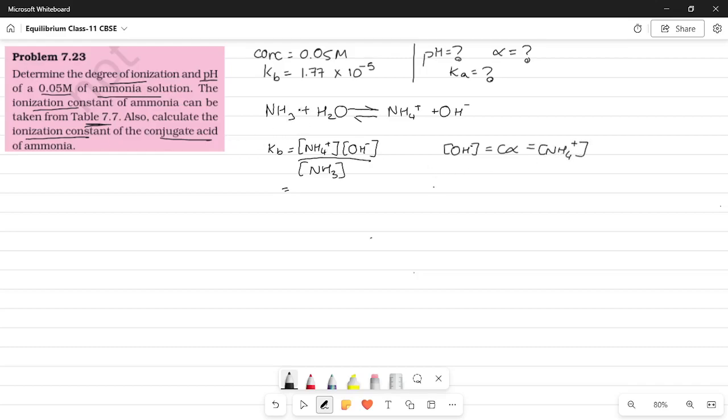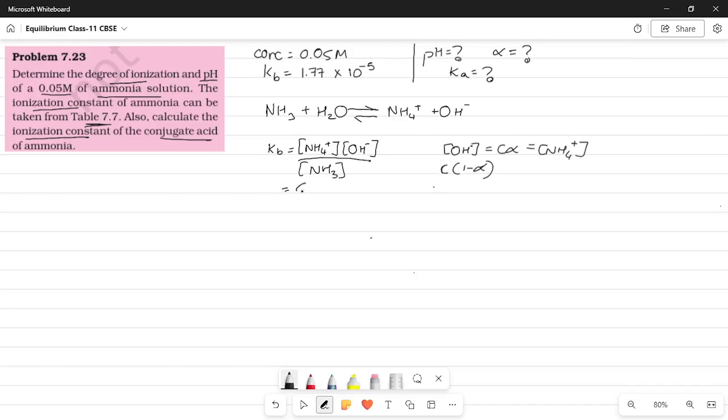And then the concentration of NH3 itself is going to be C into 1 minus alpha, because at equilibrium we are considering the degree of ionization. So we are considering the concentration of ammonia at equilibrium to be 1 minus the degree of dissociation into the initial concentration.